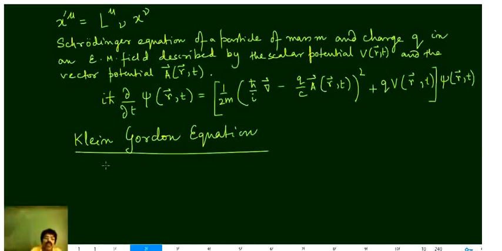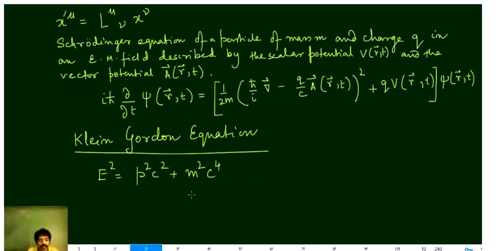This is an equation which is invariant under Lorentz transformation. Now in the Klein Gordon equation, what Klein Gordon did is he took the dispersion relation. We know the dispersion relation for the free particle: E square is equal to P square c square plus m square c to the power 4, and he replaced this E and P by the corresponding operators.